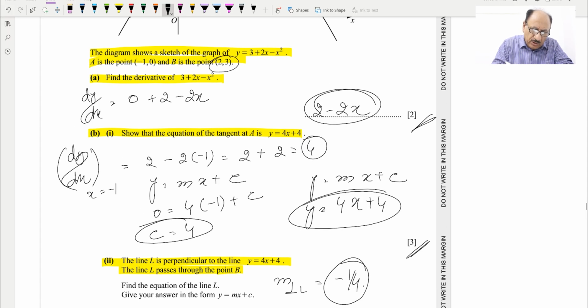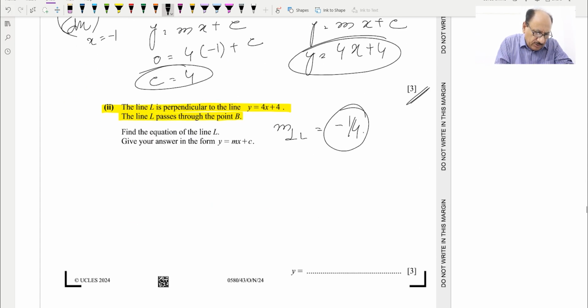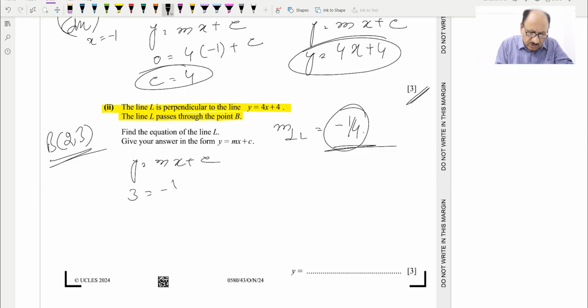B point is 2 and 3, so we can use that B point. Point is this one, gradient is this one, and we can write y is equal to mx plus c. So y value is 3 is equal to minus 1 by 4, x value is 2, and plus c, we are finding the c value. This will be 2 will be cancelled, 2 1s are 2, 2 2s are 4, so it will be 3 plus 1 by 2, which is 3.5. So c value is 3.5.